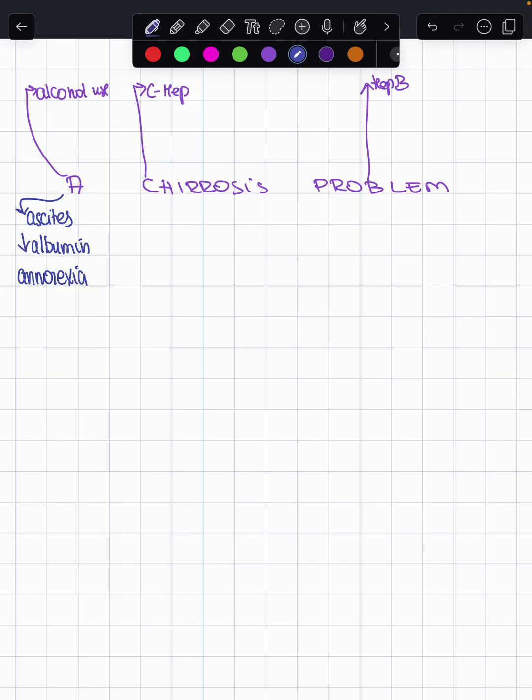Also for letter C, we may see that the patient will have caput medusa, which is enlarged abdominal veins due to portal hypertension. And then also we'll see coagulopathy because the liver is having a hard time making the proteins responsible for coagulation.